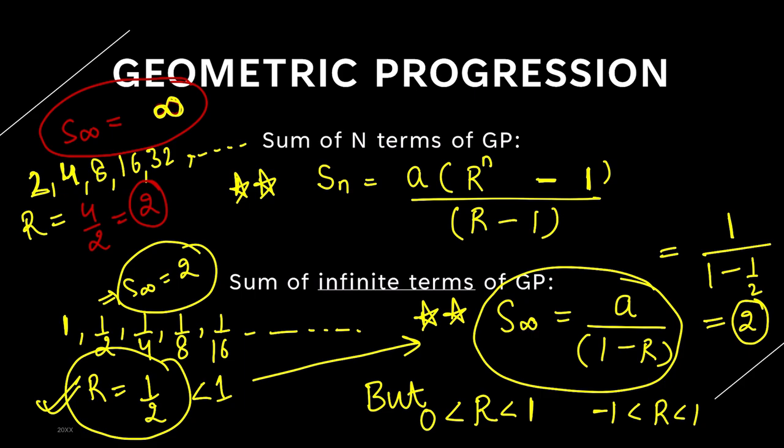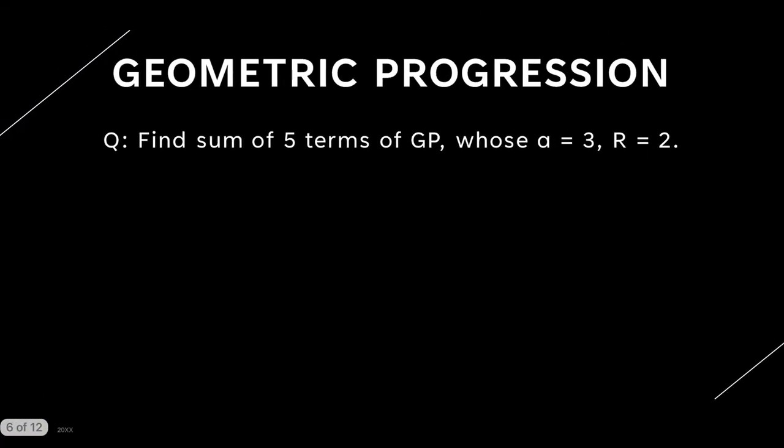Now, moving on. Now here is a question given. You can pause it, it's a very simple question, try to solve this, and then come back and see the solution. They have asked: a is 3, means first term is 3, common ratio is given as 2, sum of 5 terms.